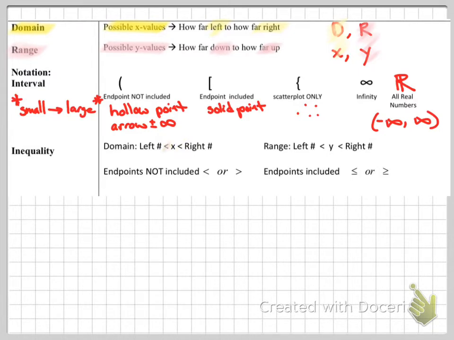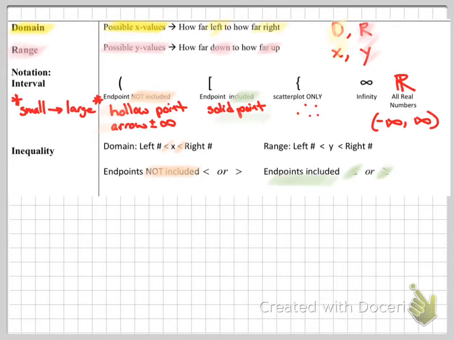You use these symbols if they're not included. Remember, not included is the hollow points or arrows, infinity. You use the other symbol, let's go green, less than or equal to, greater or equal to, if they are included. Remember, are included is our solid points.